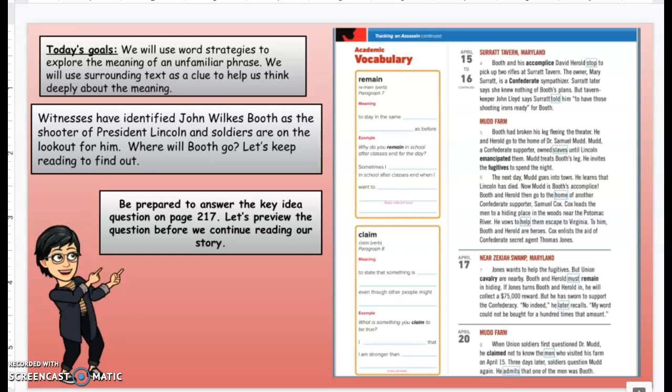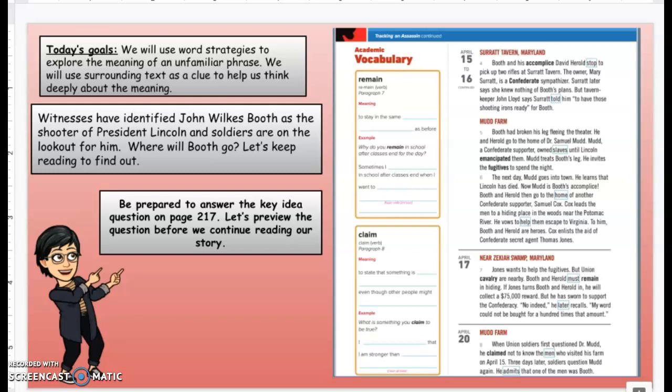And that key idea question is to list 3 major events that occur in this part of the text. So we're going to be finding text evidence on pages 216 and 217. All right, and again, be prepared to answer that question.